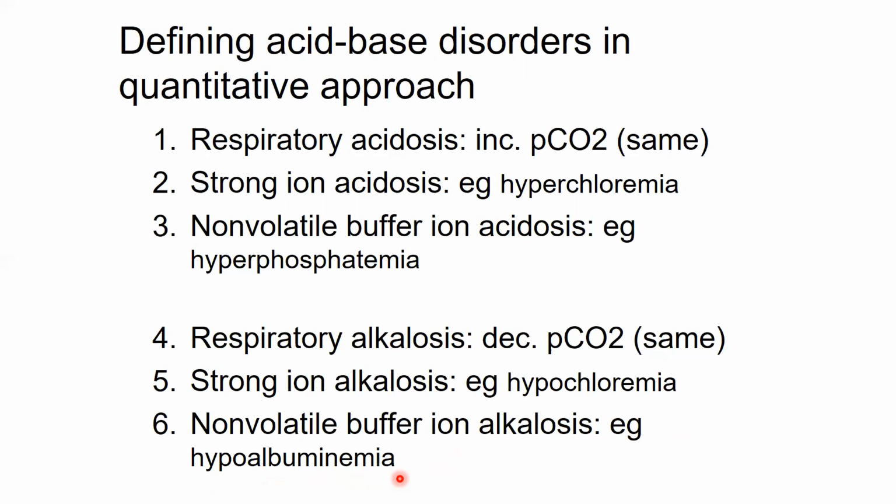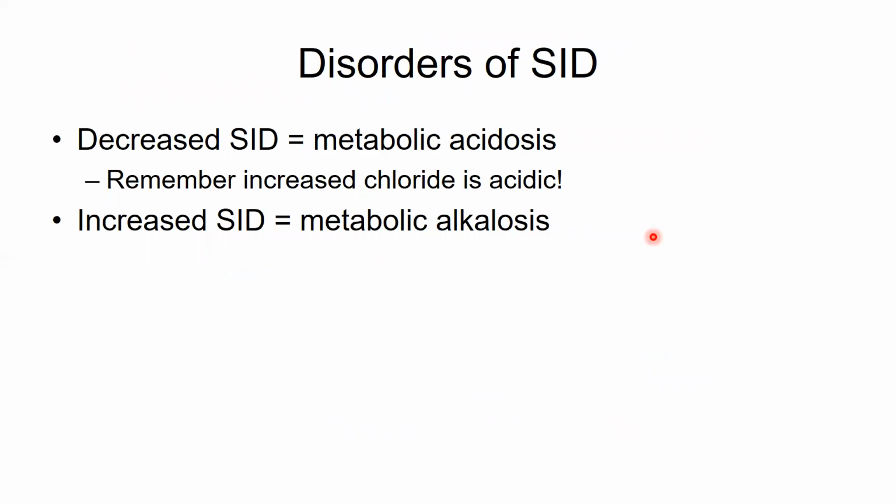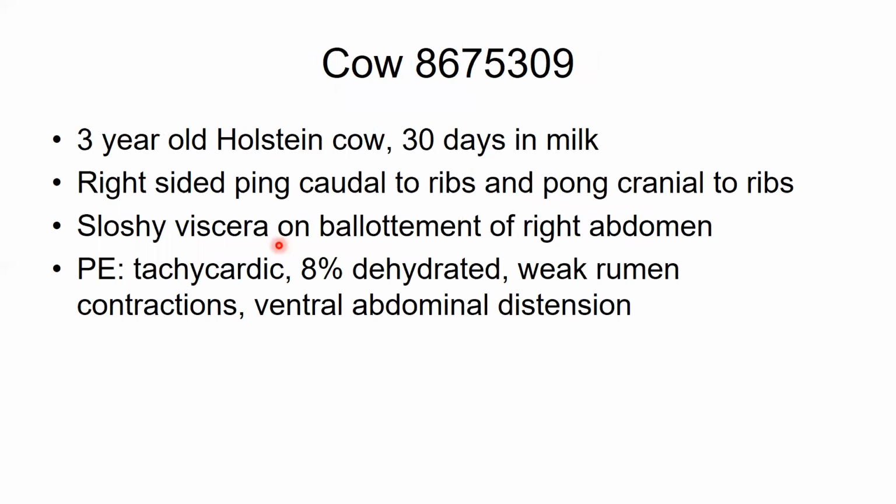So these are metabolic changes that differ from how we discuss acid-base abnormalities simply by bicarbonate. So a decreased SID is a metabolic acidosis, and an increased SID is a metabolic alkalosis.